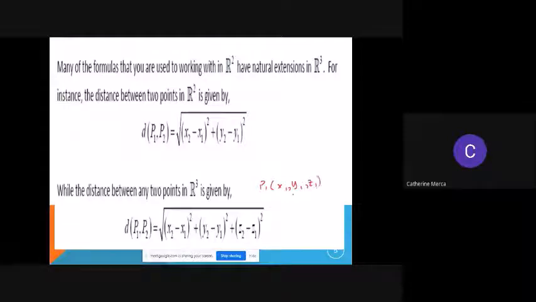Your P sub 2 has coordinates x sub 2, y sub 2, z sub 2. And the distance will now be x sub 2 minus x sub 1, y sub 2 minus y sub 1, z sub 2 minus z sub 1. So square those things, then take the square root.